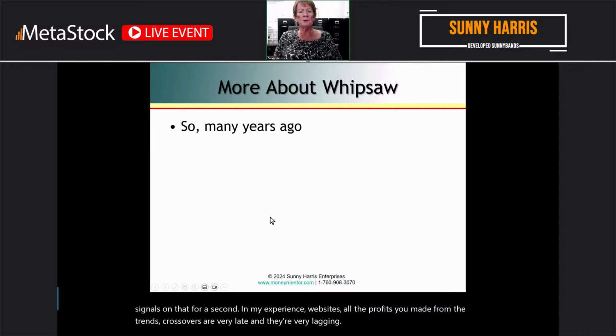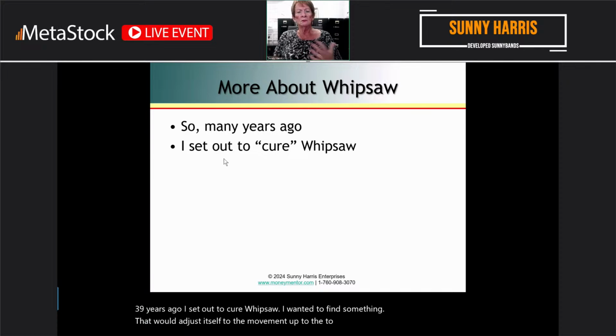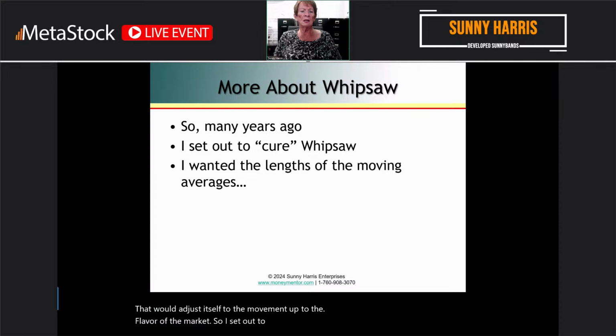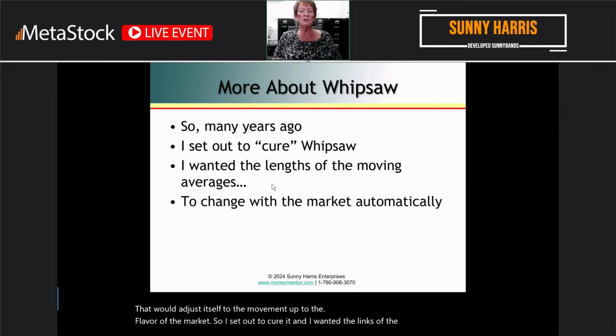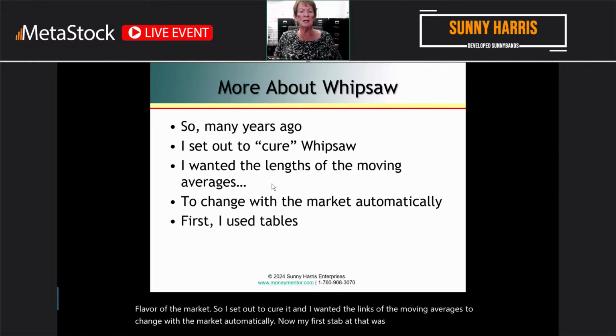So many years ago, like 39 years ago, I set out to cure whipsaw. I wanted to find something that would adjust itself to the flavor of the market. So I set out to cure it, and I wanted the lengths of the moving averages to change with the market automatically. Now, my first stab at that was I used tables.